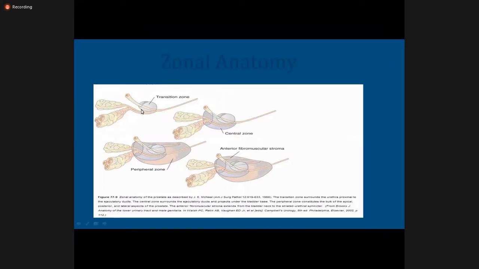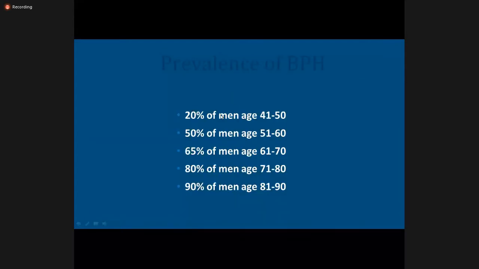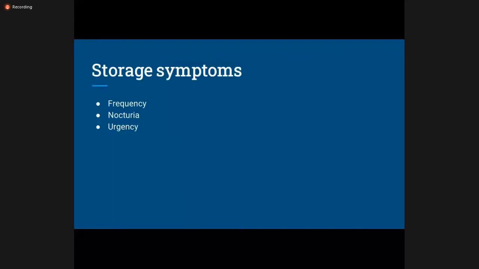So remember that the transitional zone is where benign prostatic hyperplasia usually originates, and CA prostate usually originates from the peripheral zone. So this is the prevalence of BPH. Its prevalence increases with the age of men. As the age grows, its prevalence increases, and at the age of 90, it's nearly 90% of men.